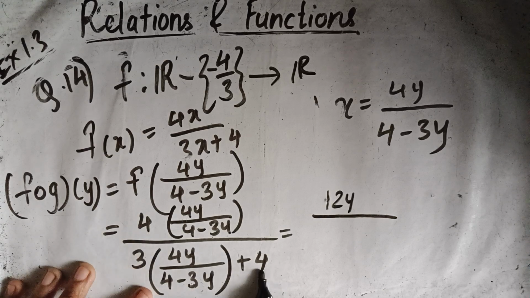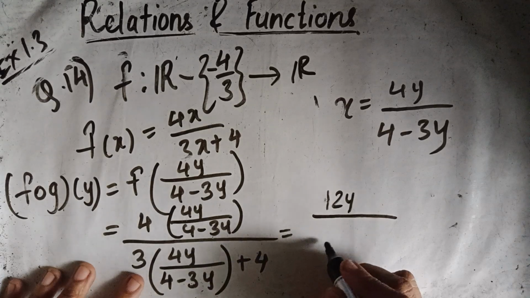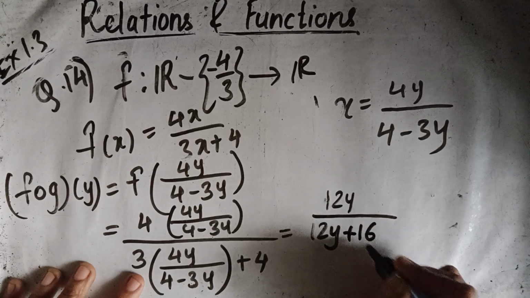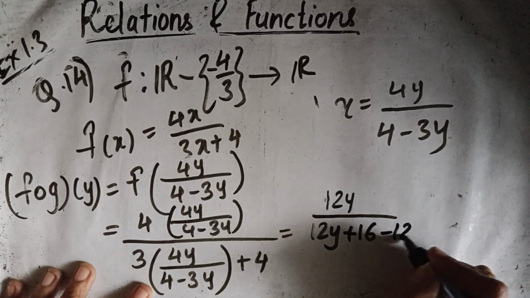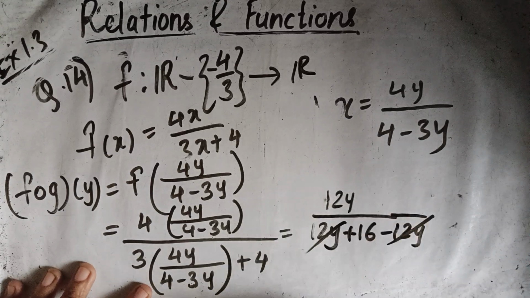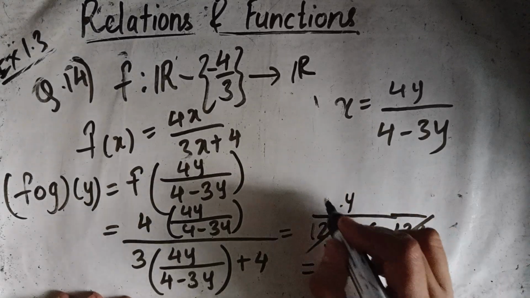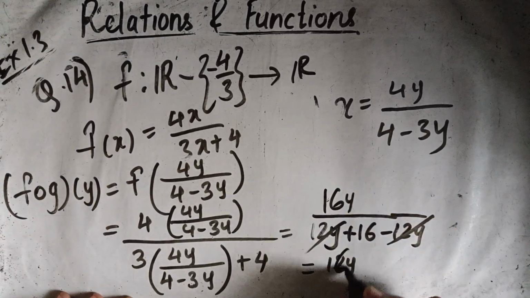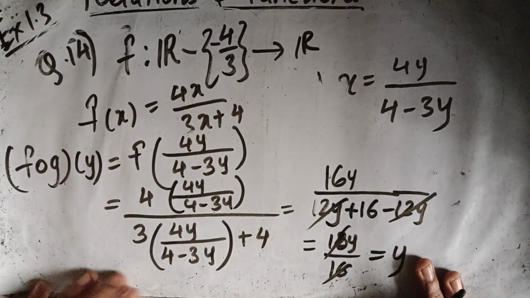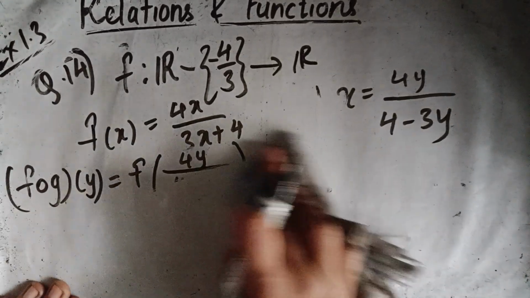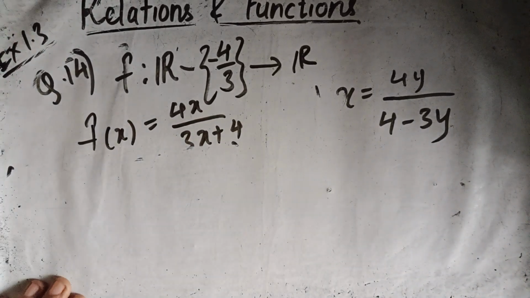Here you have to do the cross multiplication. Okay, 12y upon 16. No, this is not 12, this is 16. So you'll get y. So here we are getting identity.